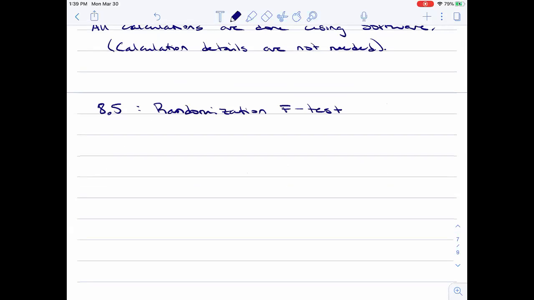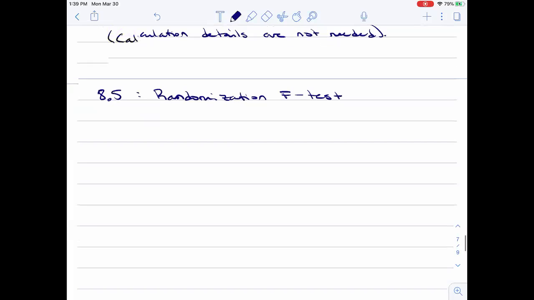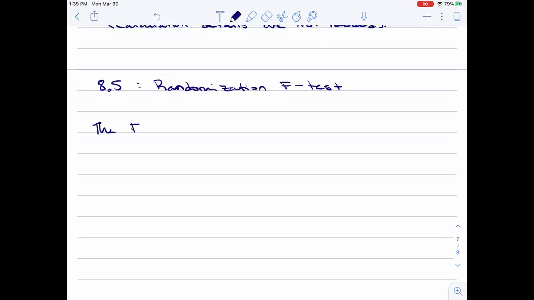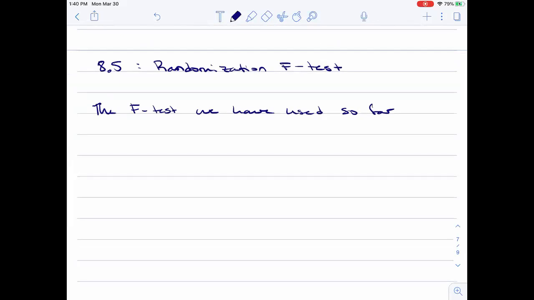The F test we have used so far, and also in regression, but that was an Anova, assumes a probability model.